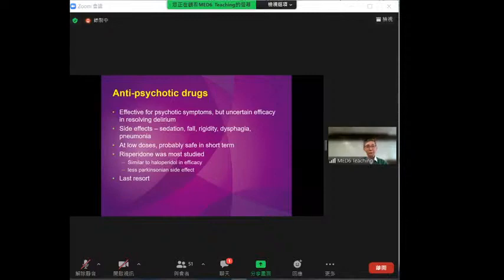Use the smallest dose, because of these side effects. Use a low dose and try to stop it as soon as the delirium is resolved. And use the newer neuroleptics which have fewer side effects.